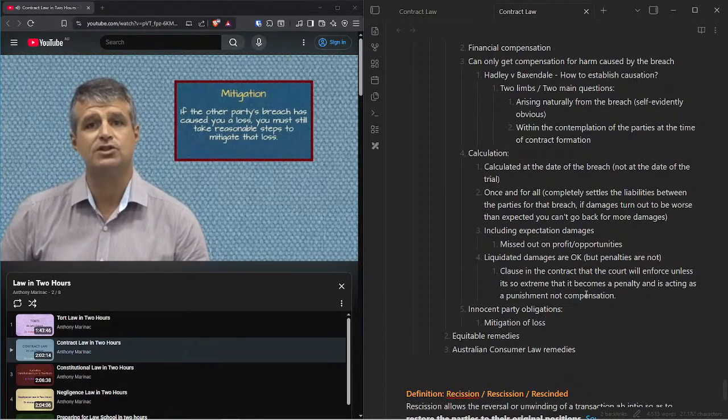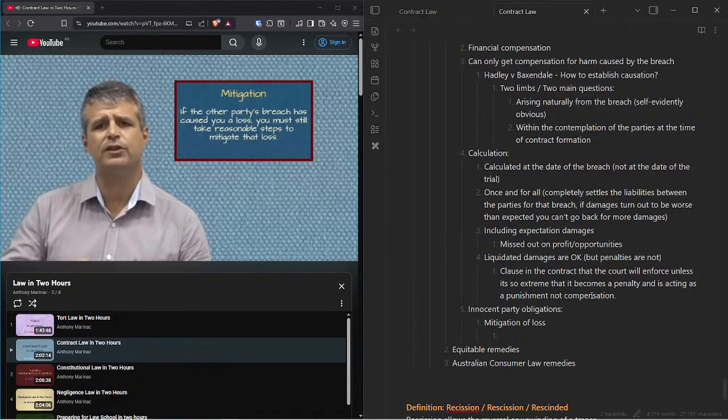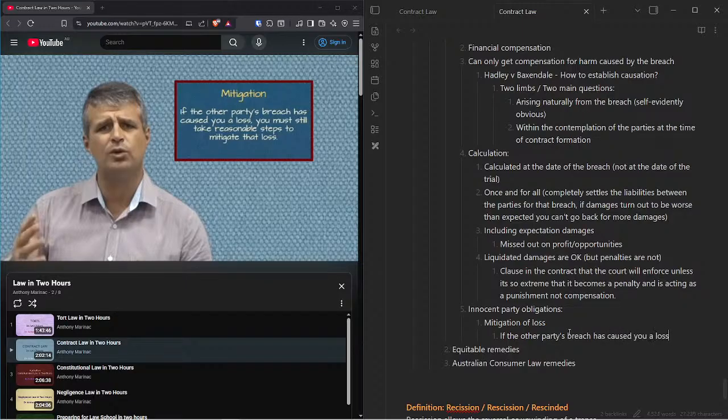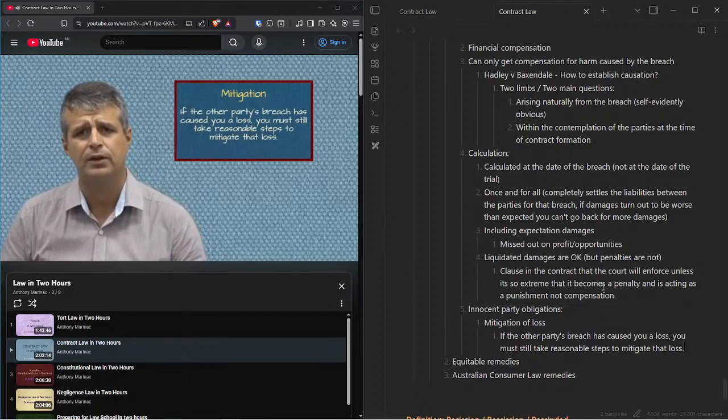So if someone else's breach has caused you a loss, but there are reasonable things that you can do in order to minimise that loss, then you may not be able to claim for the whole loss. It would make sense, because otherwise you could exacerbate the loss, or by not doing anything, allow more loss to occur.